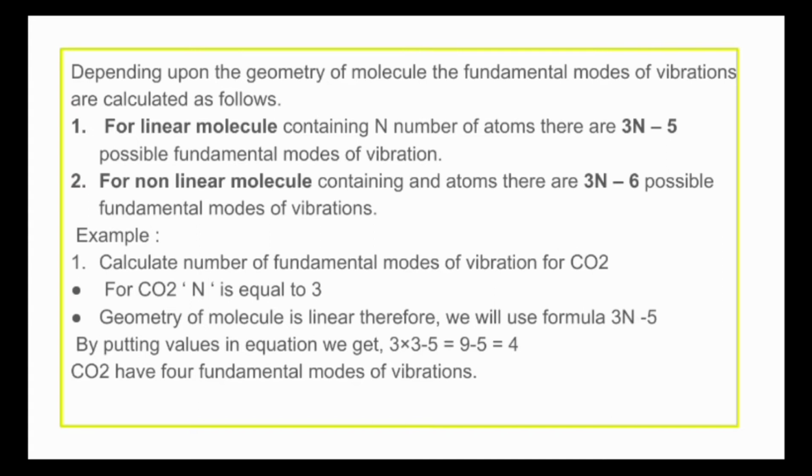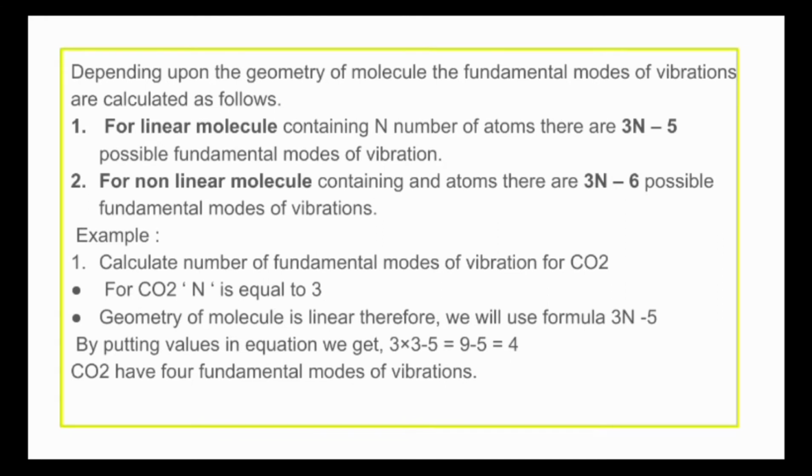It means when a molecule has a linear geometry, we use the equation 3n-5 to get the fundamental modes of vibration, and for a non-linear molecule we use the equation 3n-6, and after putting in the value we get the fundamental modes of vibration. I have given here an example.